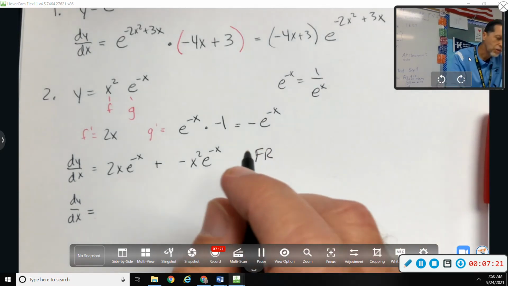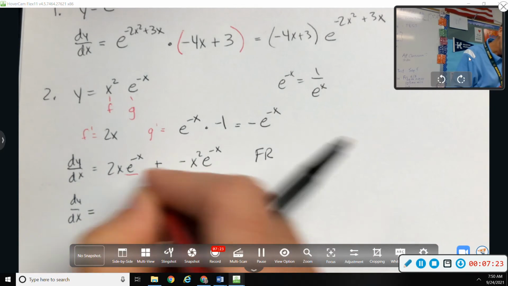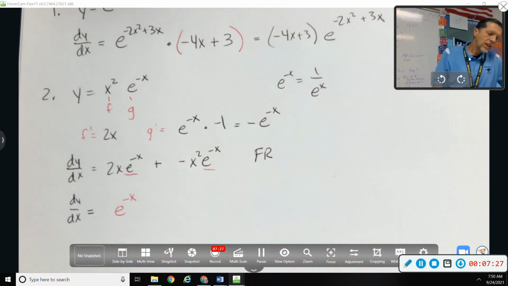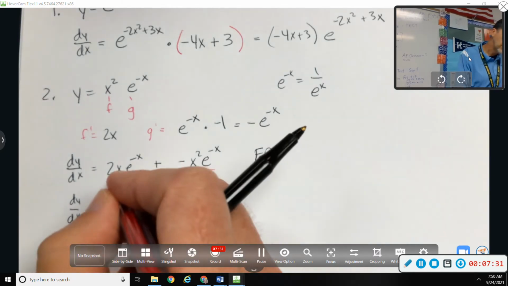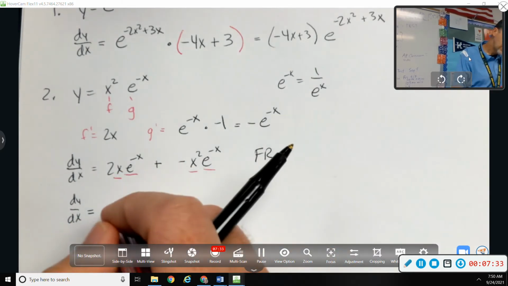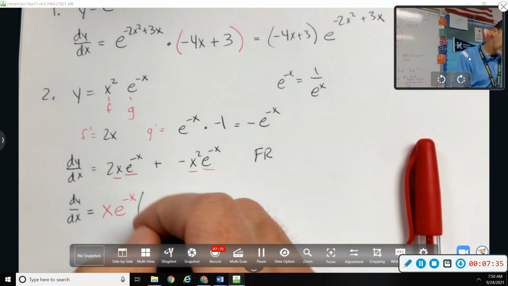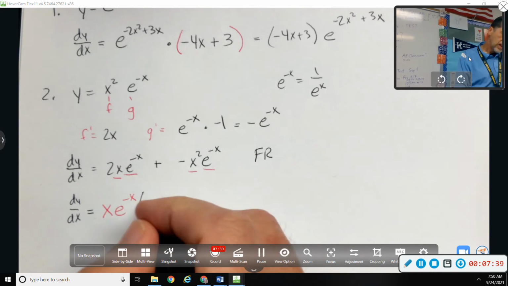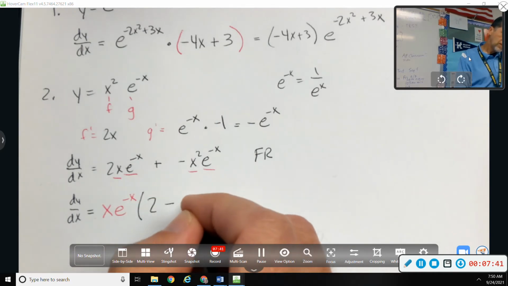Factor out whatever we can. So definitely an e to the negative x can come out. Anything else? One of the x's can. So x e to the negative x, 2 minus x.